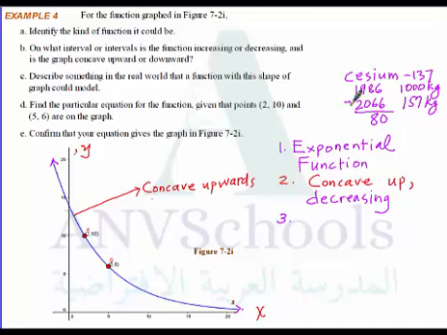It is decreasing and concave up, posing an exponential decay example. So that's our example, the explosion of cesium-137, or exponential decay in general. Radioactive decay is the proper term.